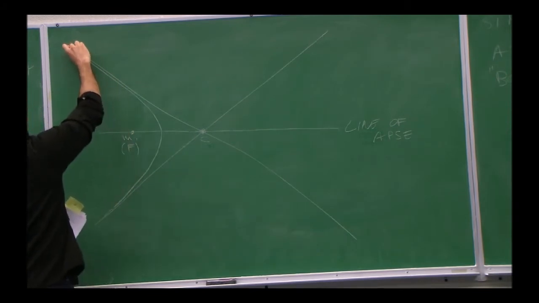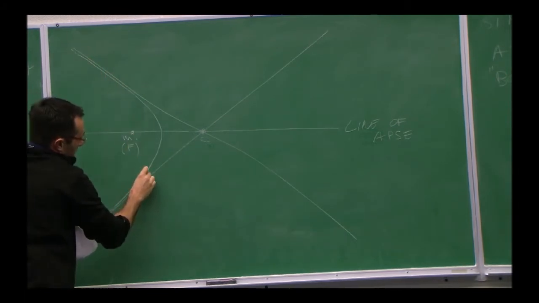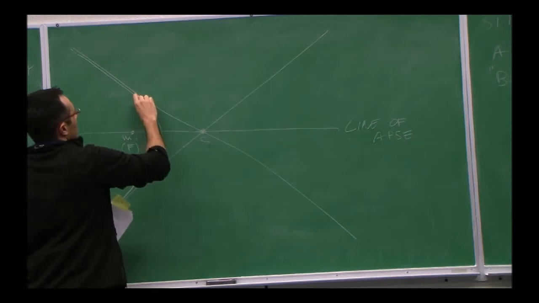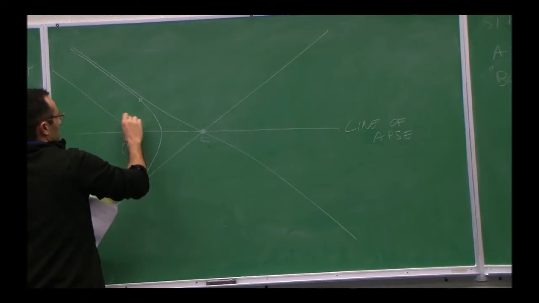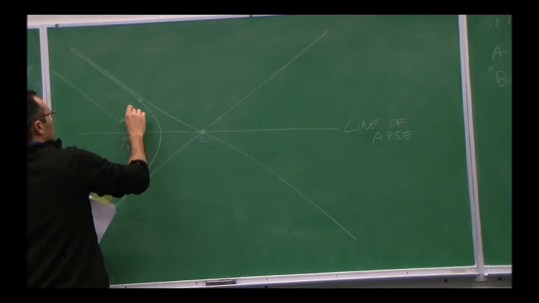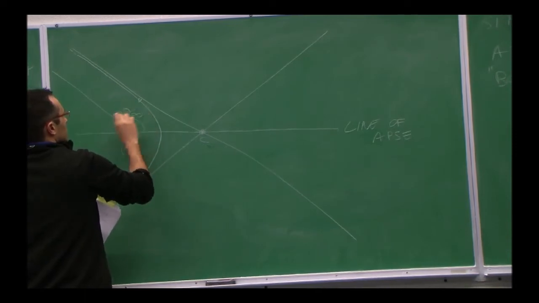So your satellite may be coming from somewhere down here, and it goes to infinity, and this is my angle theta infinity, right?